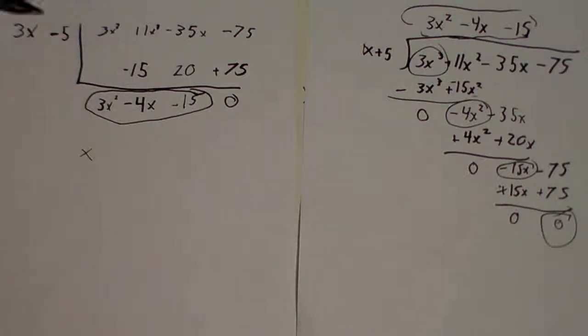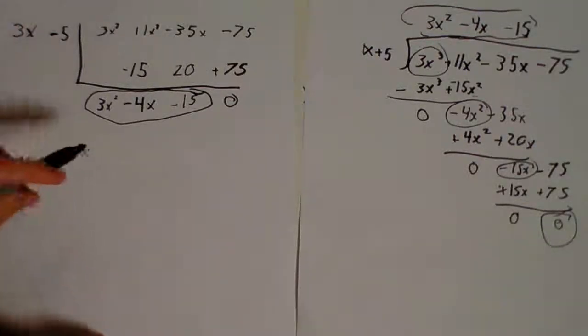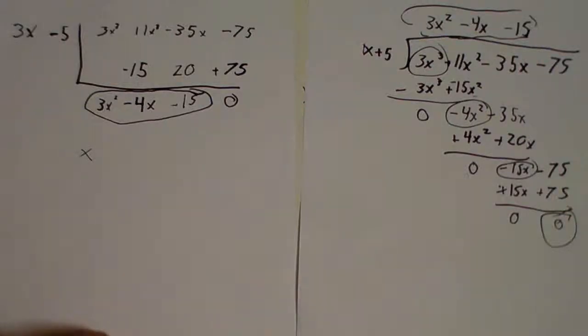Or even worse, we could have negative 4x divided by 3x. It can get out of hand really fast if we have a coefficient in front of the x. The other thing we have to make sure we can't do is we can't have an exponent here. We can't have an exponent here because we were counting on the fact that it's just going to be an exponent of 1.